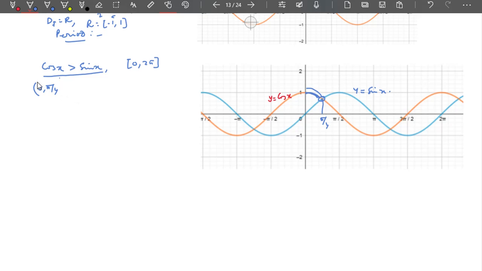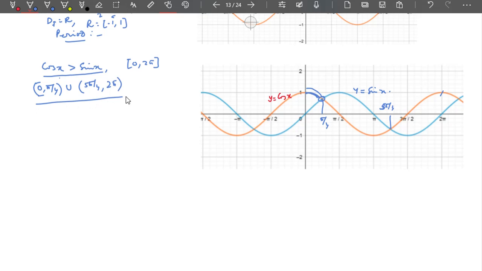You can use the graph. 0 will be included, pi by 4 will be excluded. And then once again here, that is your 5 pi by 4 to 2 pi.